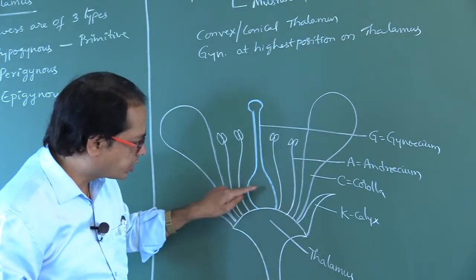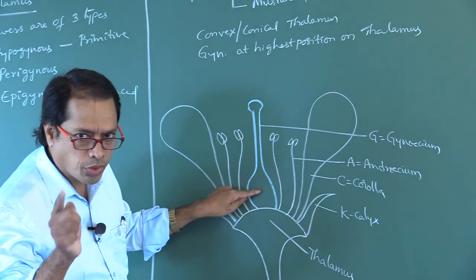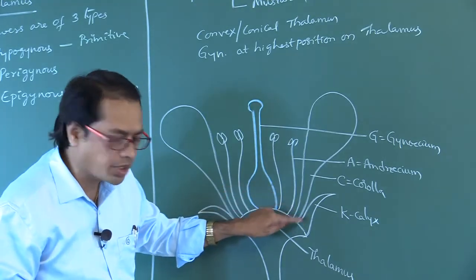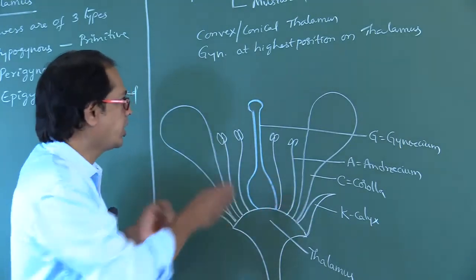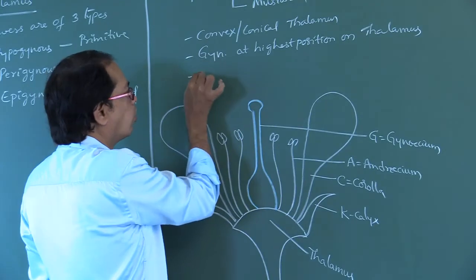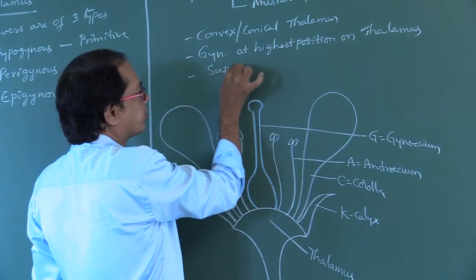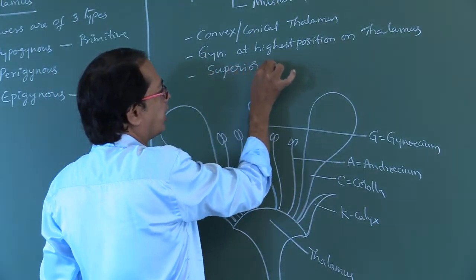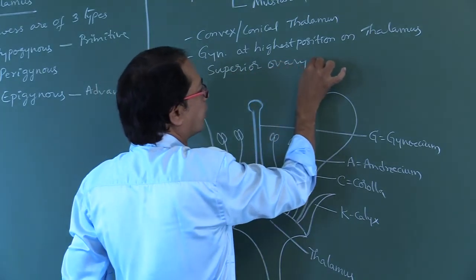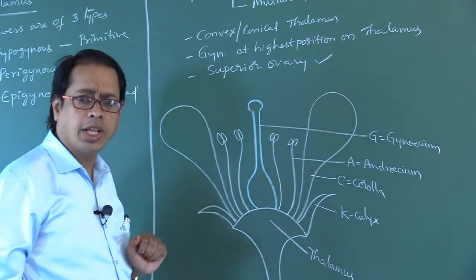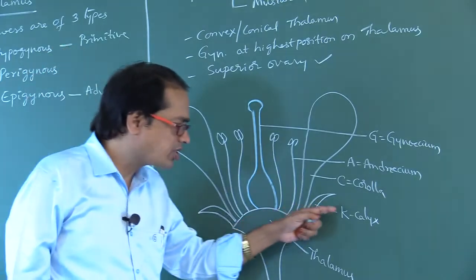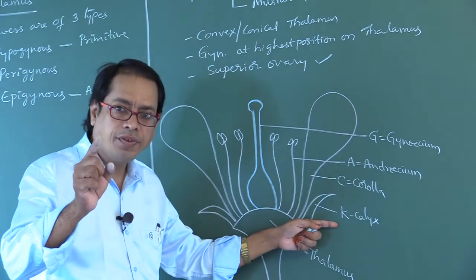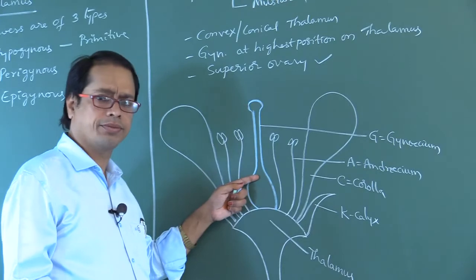If you observe, the ovary is at highest position. Remaining floral parts are present below the gynoecium. So what type of ovary is present? Superior ovary. But axillary organs are inferior with respect to ovary.